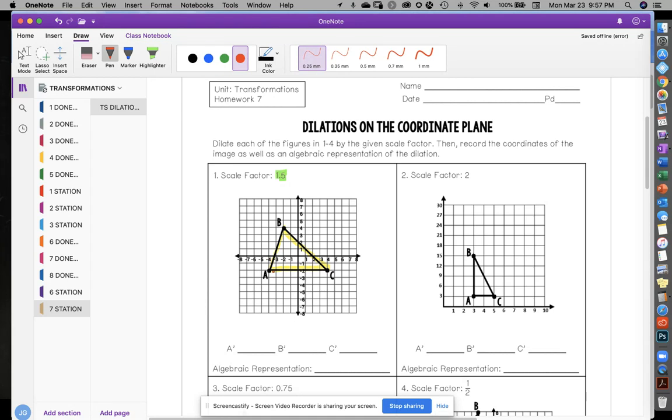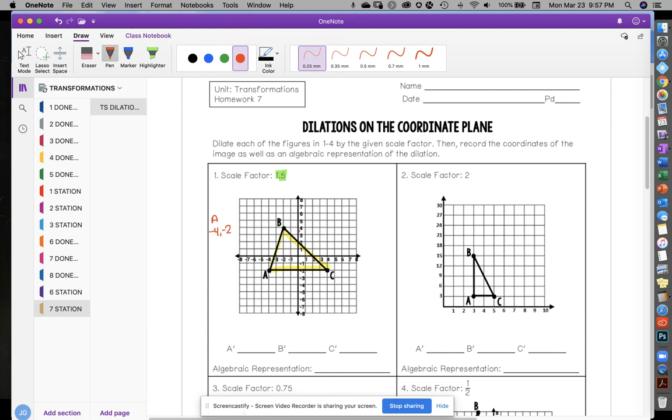So I'm going to take each of these coordinates and I'm going to go over 1.5. What I'm going to do is write the coordinates down off to the side here. A is at -4, -2.